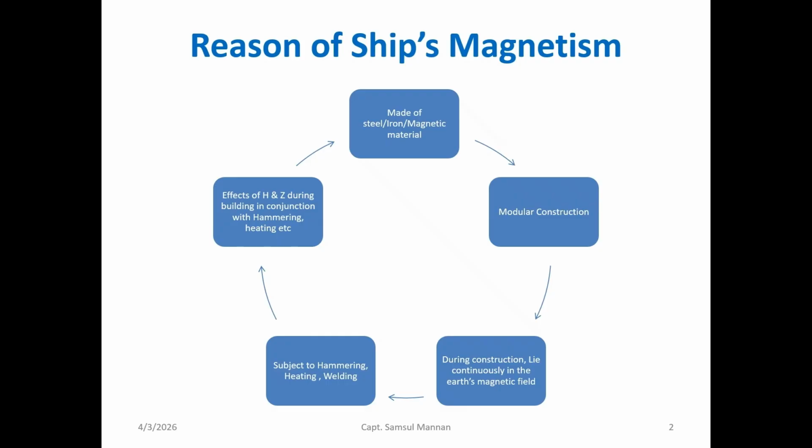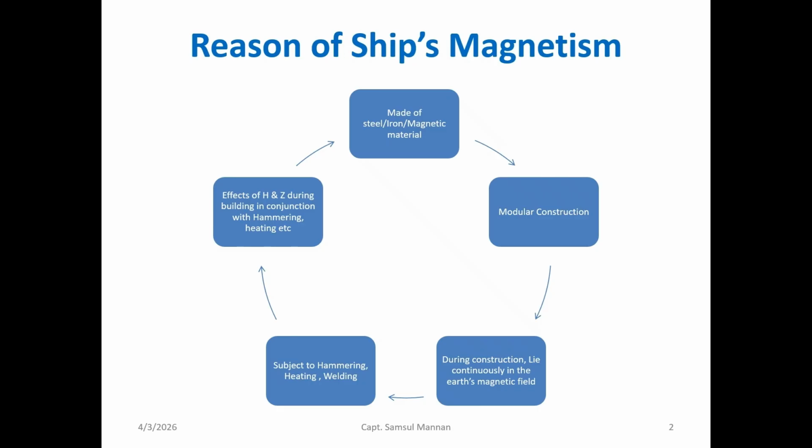Before starting the reasons of ship's paramagnetism, we need to know about the reasons of ship's magnetism itself. There are different reasons for which ships attain magnetism. The first reason is that the ship is made of a ferromagnetic material.